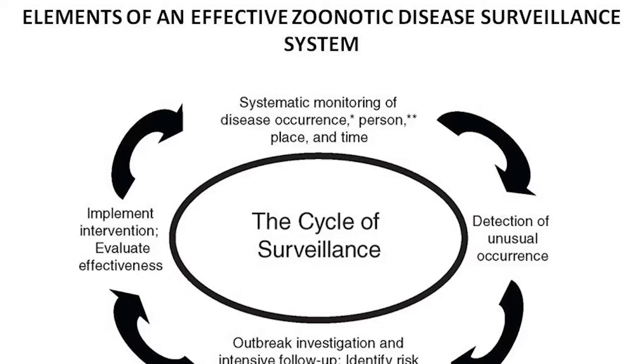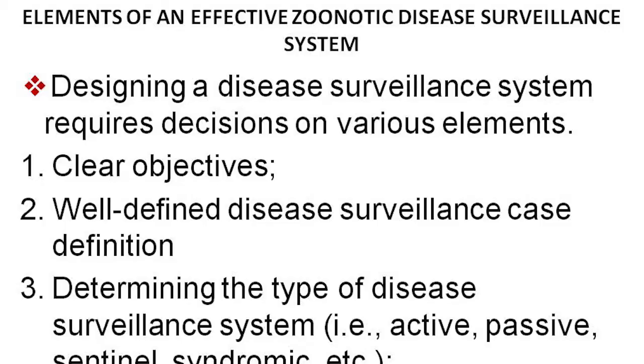The cycle of surveillance includes systematic monitoring of disease, detection of unusual occurrences, outbreak investigation and intervention. When we select the surveillance system, we have to have clear objectives, a well-defined disease surveillance case definition, and determine the type of disease surveillance system.